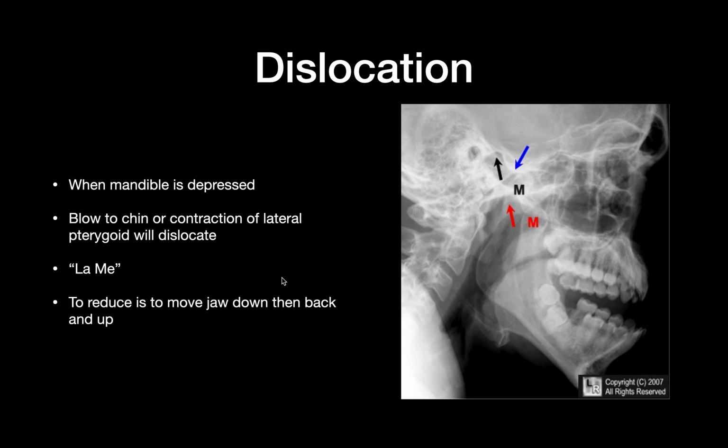Some people have a congenital defect where the fossa and the condyle don't fit right, and if they yawn, it can dislocate easily. So look here. Here is the mandible, and it should be fitting all the way up here. And here it is.